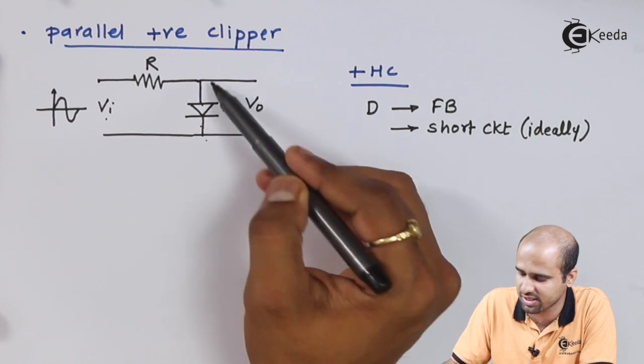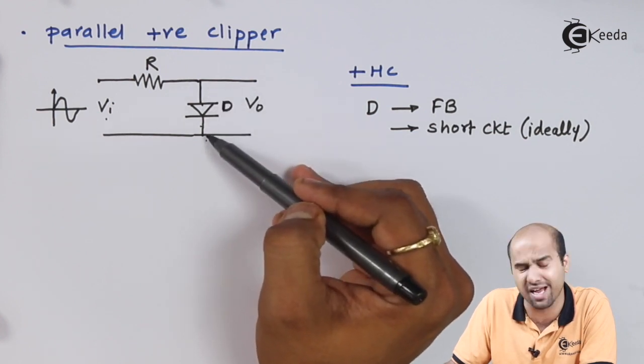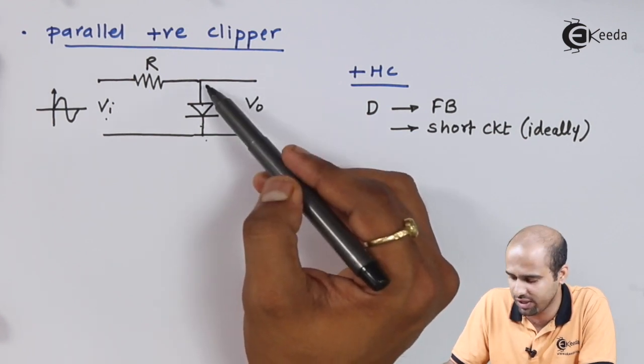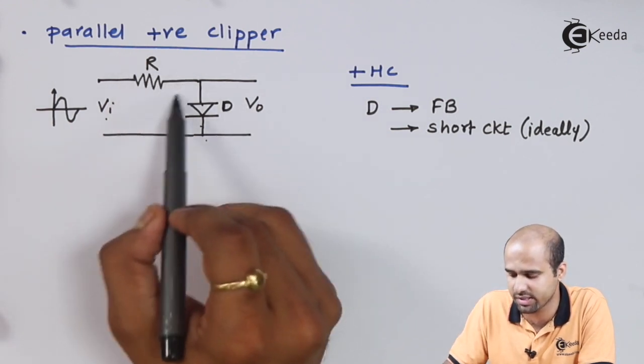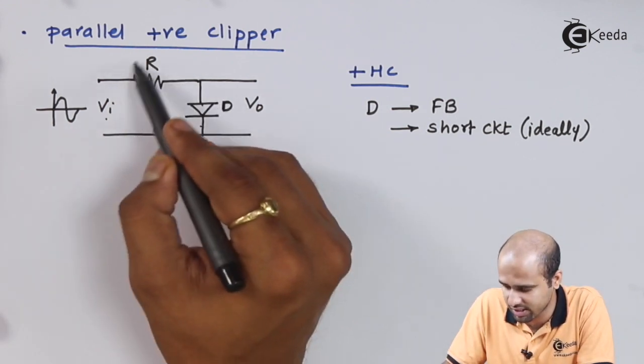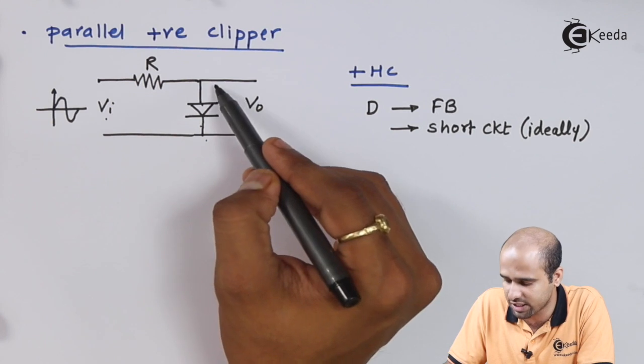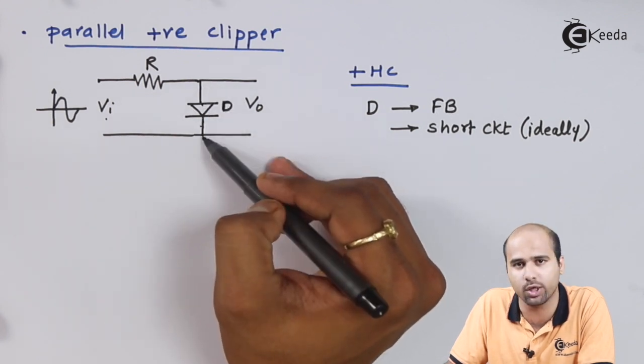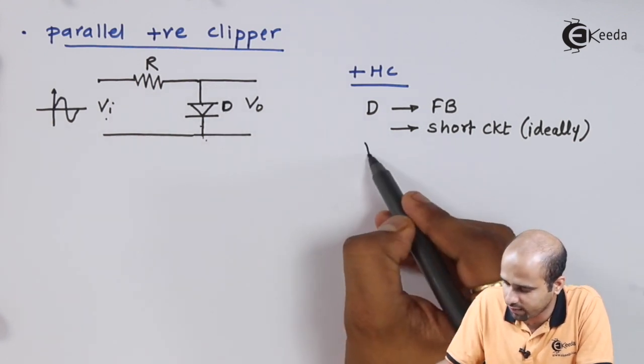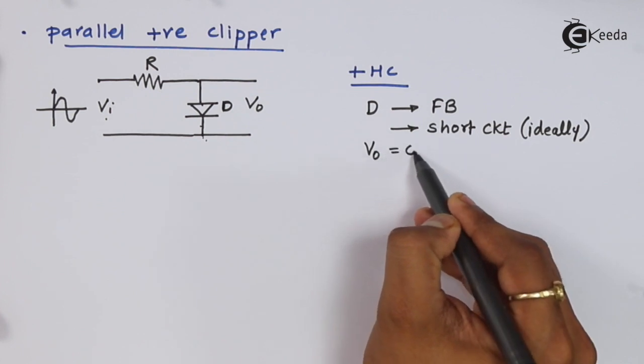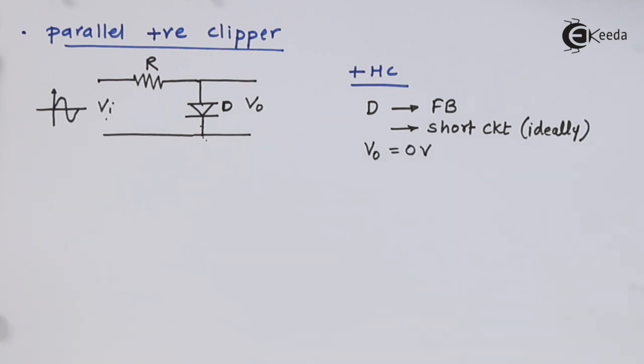So if this resistance is very less, that means ideally zero resistance will give you short circuit. There is some value of resistance. This resistance will be redundant, and that's why current will flow through this circuit only, and that's why your value of VO will be equal to 0 volts.